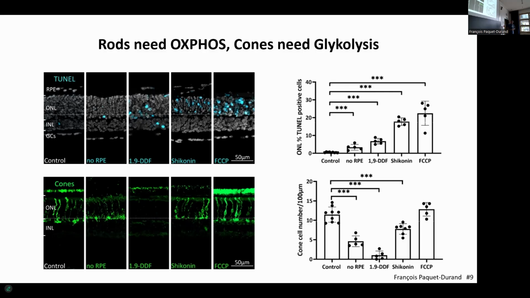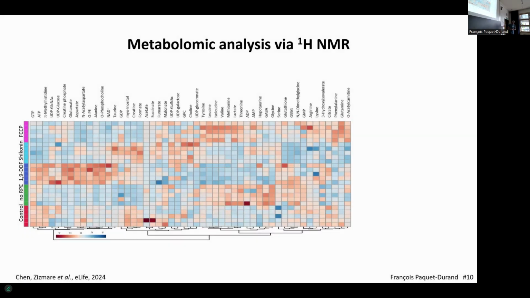Okay, at this point we teamed up with Christoph Trautmann from the Werner Siemens Imaging Center and did a metabolomic study, where we analyzed hundreds of metabolites using a nuclear magnetic resonance readout technique.